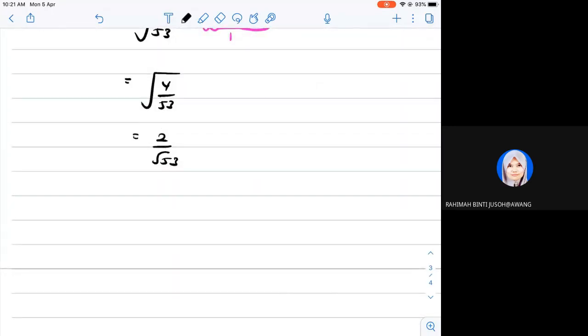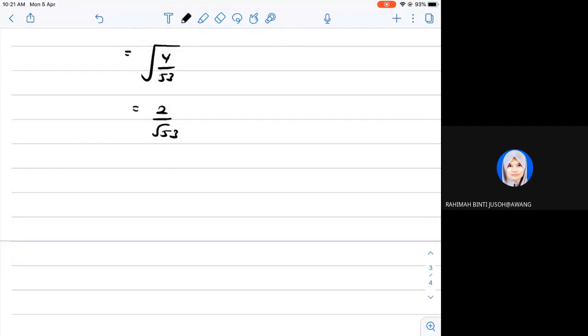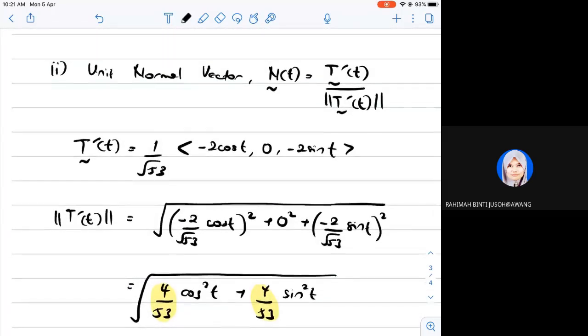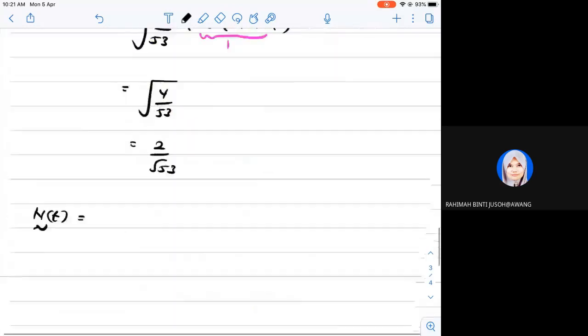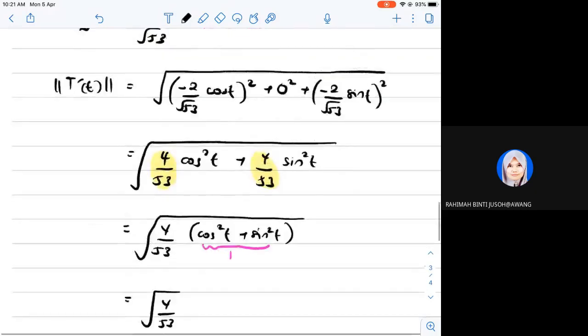So now, okay, so now guys, what happened? We just substitute into the formula. Unit normal vector equals to mana tadi? T prime? Yang ni. So salin balik T prime ni. T'(t) divided by magnitude of T'(t) equals 1 over, ke?